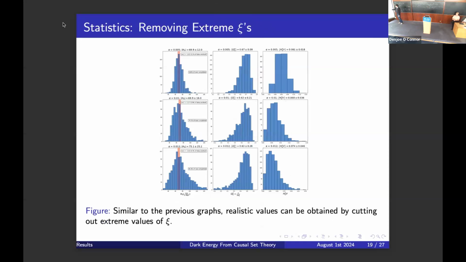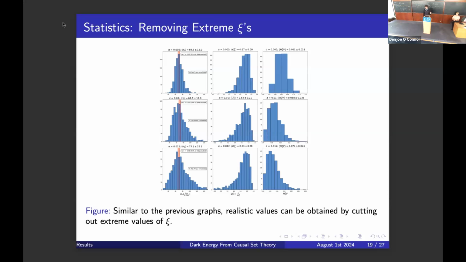Top one, 0.05, you're removing around 2.7% of the random numbers and replacing them with other ones. And then similarly for the other values of alpha, 0.01 and 0.012, as you go on, you have to remove fewer random numbers because you don't need to put as much of a positive bias on the distribution.